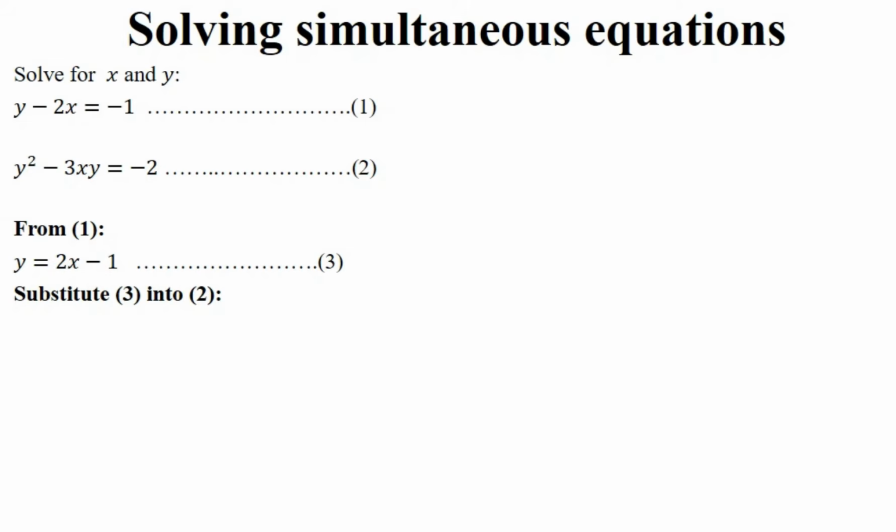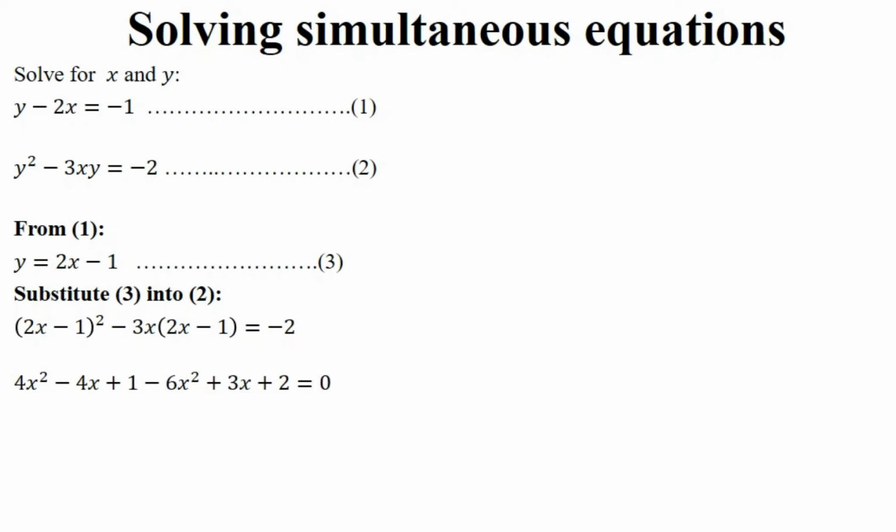When we go to equation 2, we take that 2x minus 1 and put it in place of y, because y is equal to 2x minus 1. So in place of y, we put 2x minus 1 in equation 2. That is our substitution.